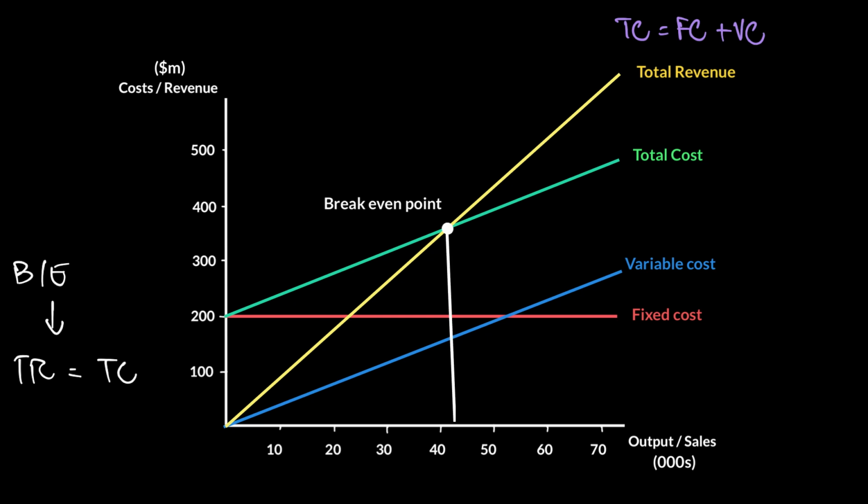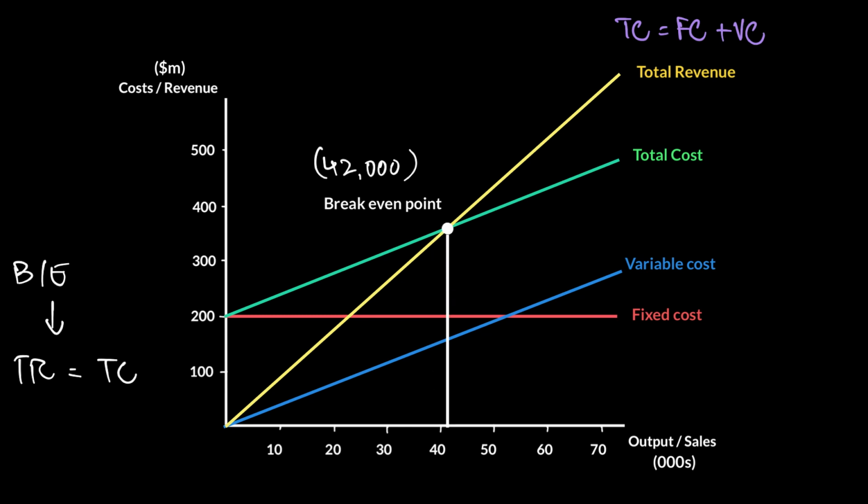So if I want to look at this, it tells me that the company will break even at just over 40,000 units. Let's go with 42,000, right? So if the company decides to make 42,000 units, they will break even at this point.